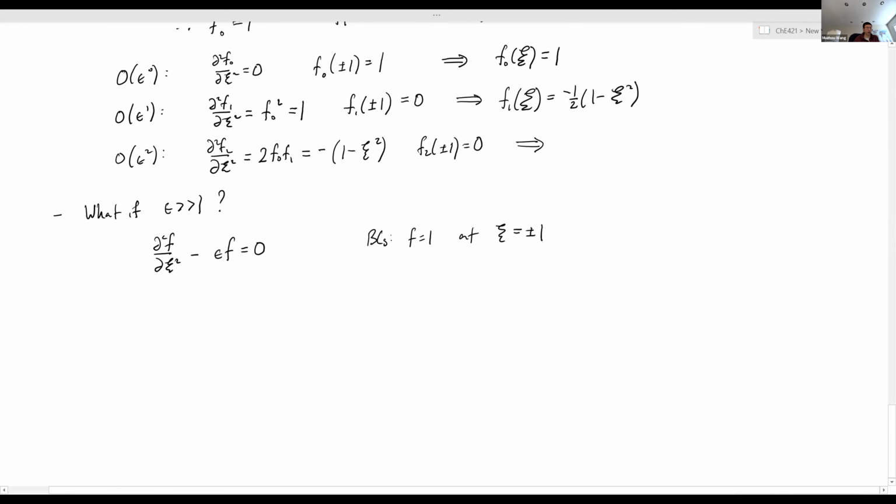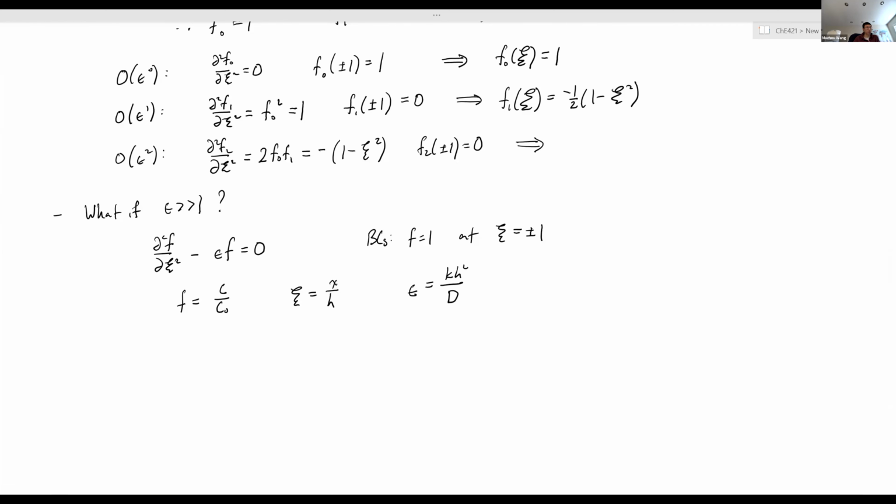The definitions for our various terms, just to remind you: F is the non-dimensional concentration, C is our non-dimensional length, and epsilon was some grouping of the different experimental parameters that we have, kh squared over d.